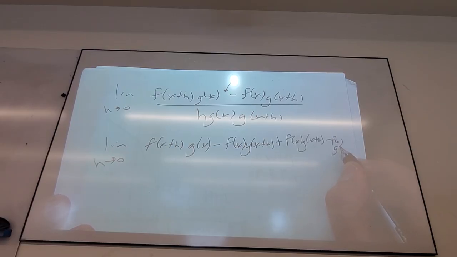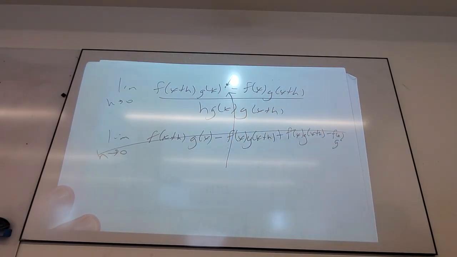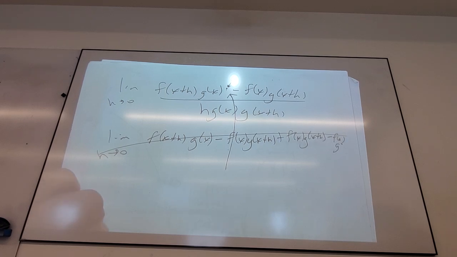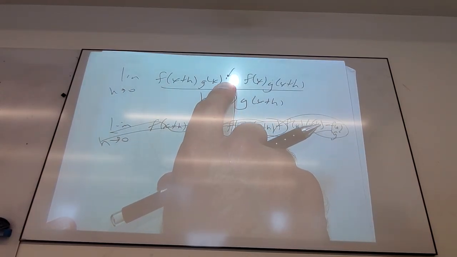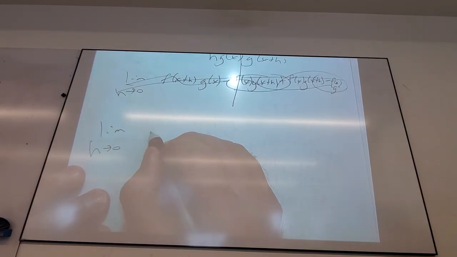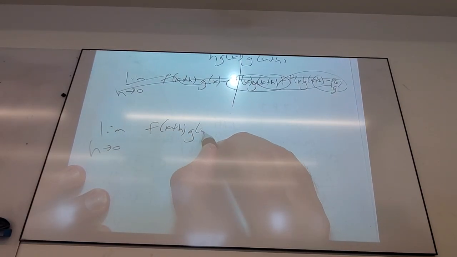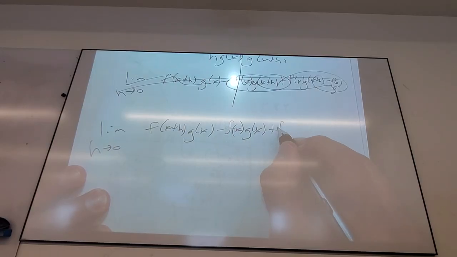Is that the right way? I don't know, I'll have to think about it. That wasn't the right thing because it would cancel with that thing. It'll be all right. I could add and subtract the same thing up top. Just hold on, everybody. I think it's this.